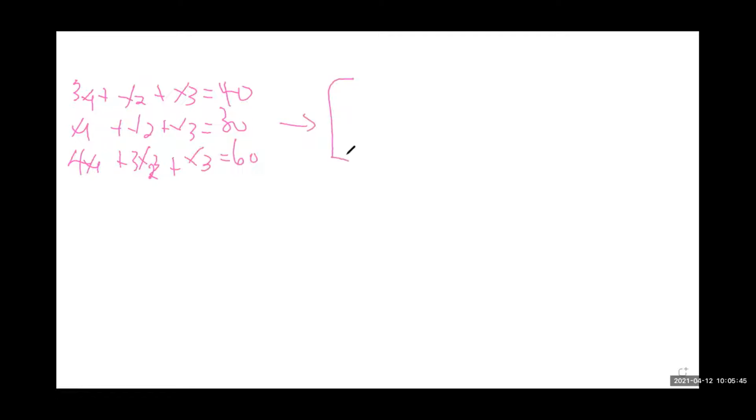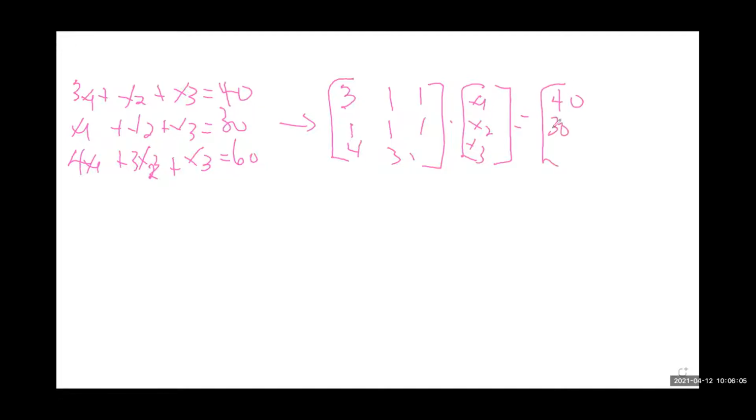When we transform this into a matrix form, we should have 3, 1, 1, 1, 1, 1, 4, 3, 1, multiplying x1, x2, x3 equals 40, 30, and 60, okay?